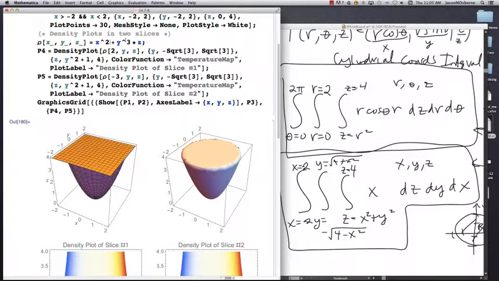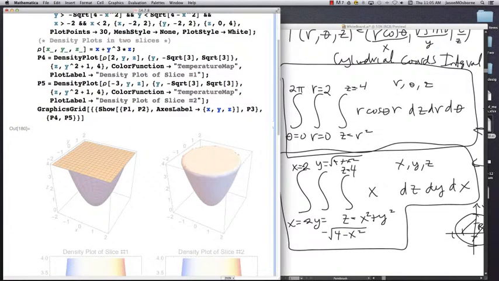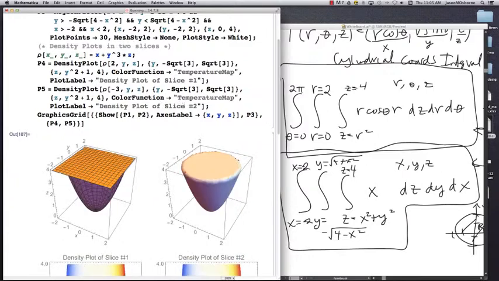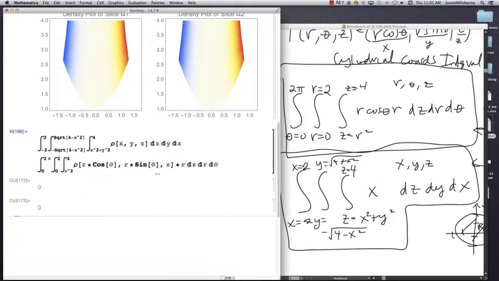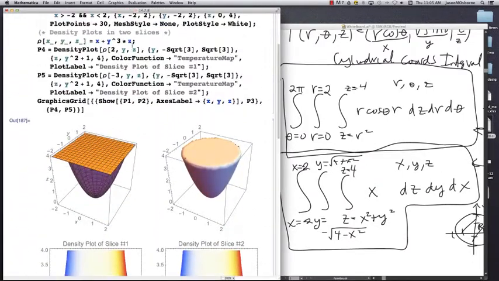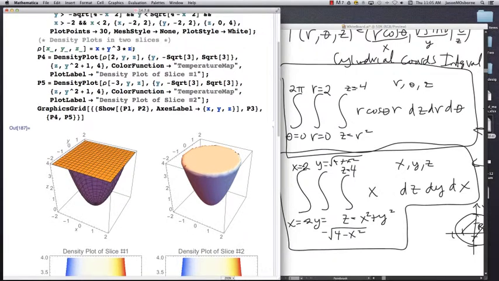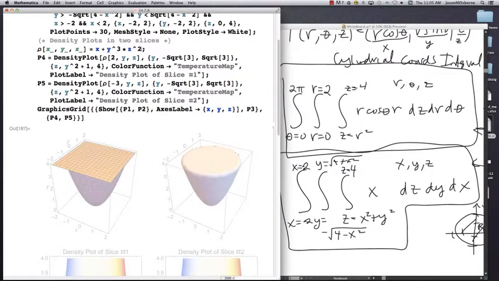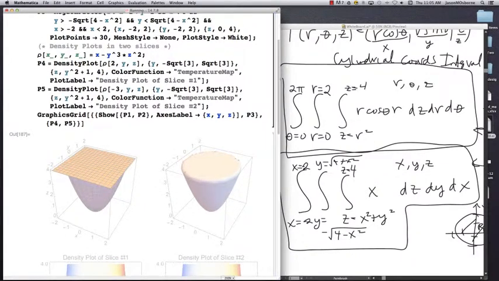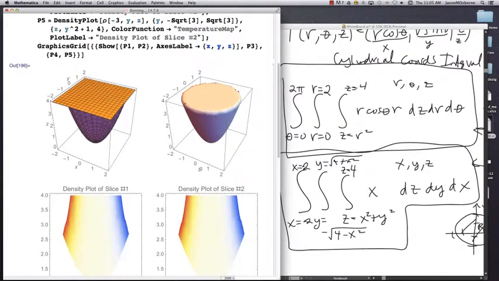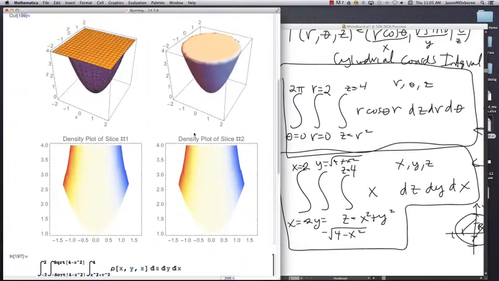So maybe let's make this x. I'm just trying to show you a problem where you don't get 0. Let's see if this did it. Nope. Z squared. Let's put a minus somewhere in here. I didn't think it would be so hard to get a non-zero number.